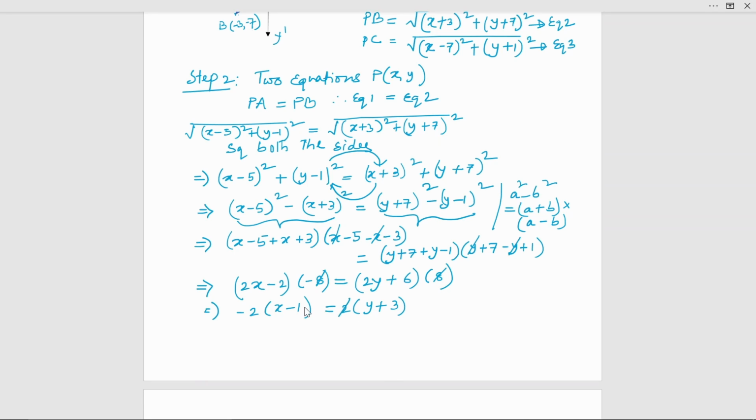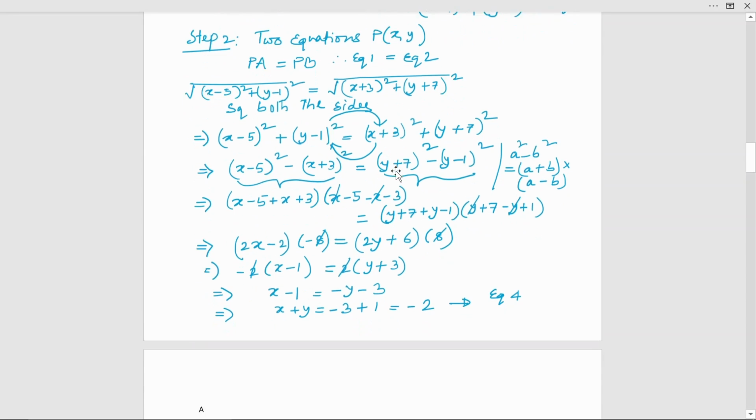So I'll cancel 2 and 2, and put the y on the other side, so it gives me x − 1 − y − 3, or x − y − 3... if I go here, it becomes plus 1, which gives me −2. So this is my equation 4.